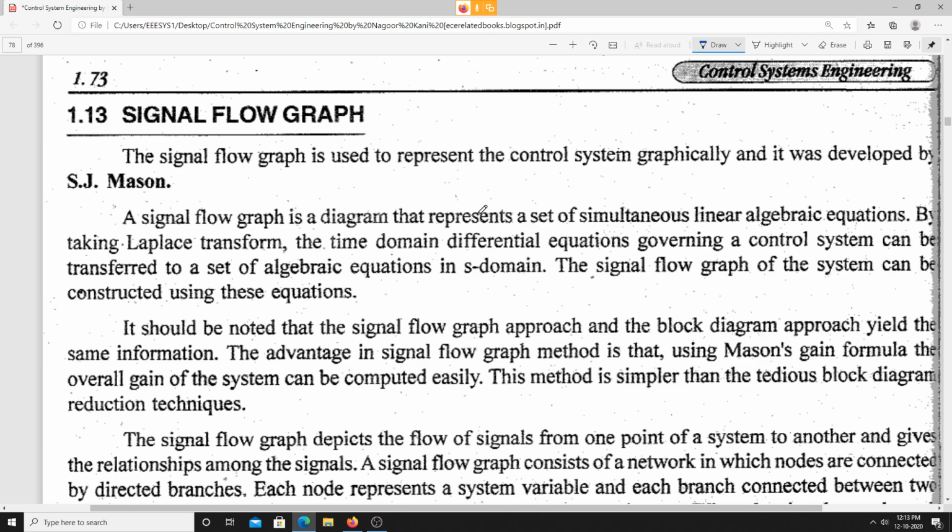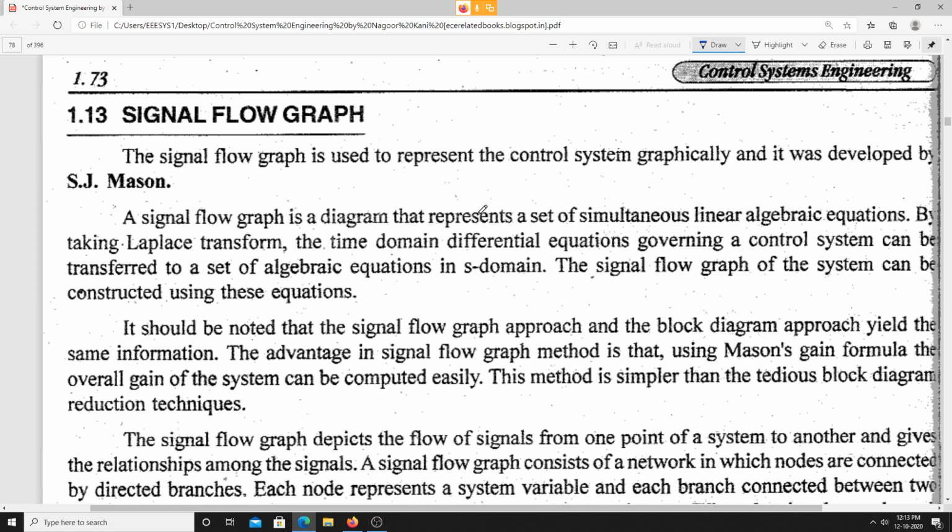It was developed by S. J. Mason. In this signal flow graph approach, it will yield the same information as we get in the case of the block diagram approach.